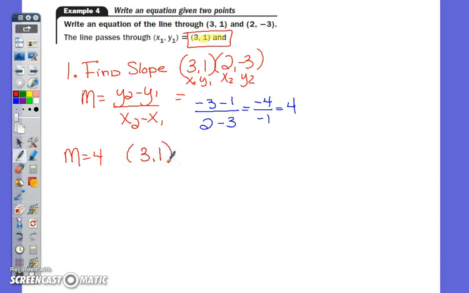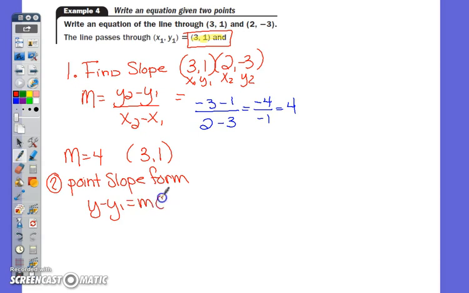We are now going to use, so step 1 is find the slope. Step 2 is use point slope form and plug in. So we're going to have y minus y sub 1 equals m times x minus x sub 1, right? So y minus 1 equals 4, because that's our slope, times x minus 3.